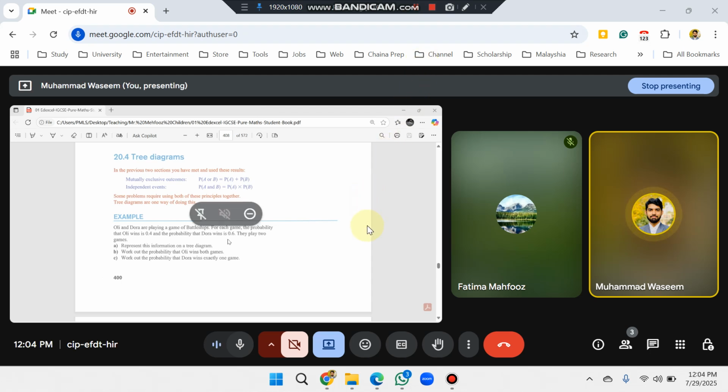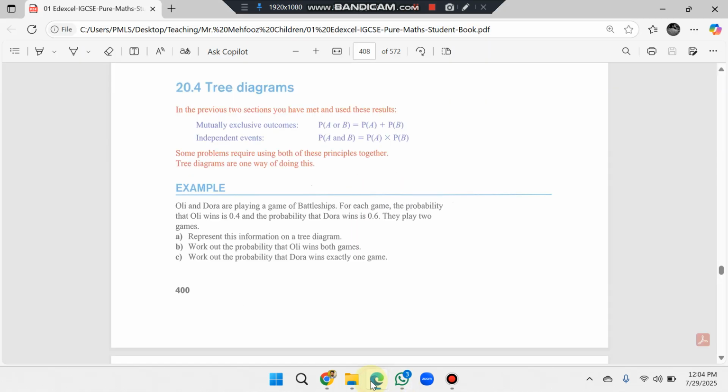Today in this class we have to start from 20.4 topic, that is tree diagrams. In the previous two sections, you have met and used these results.